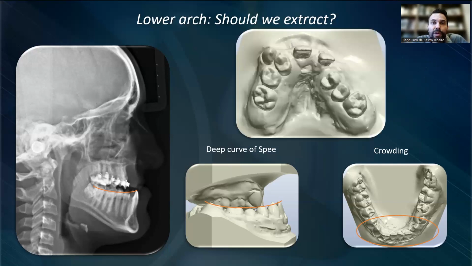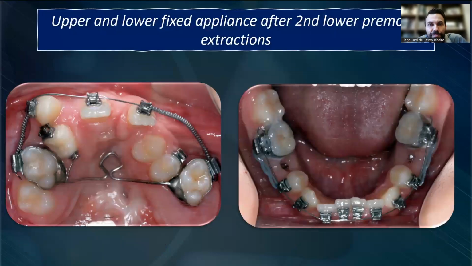However, when we look at the upper arch, it is atresic, missing some teeth, and the perimeter is already reduced. The recommendation here is to avoid complete decompensation of the lower arch, because we must consider these particular characteristics of the maxilla. In this case, therefore, we work with the extraction of the lower second premolars.